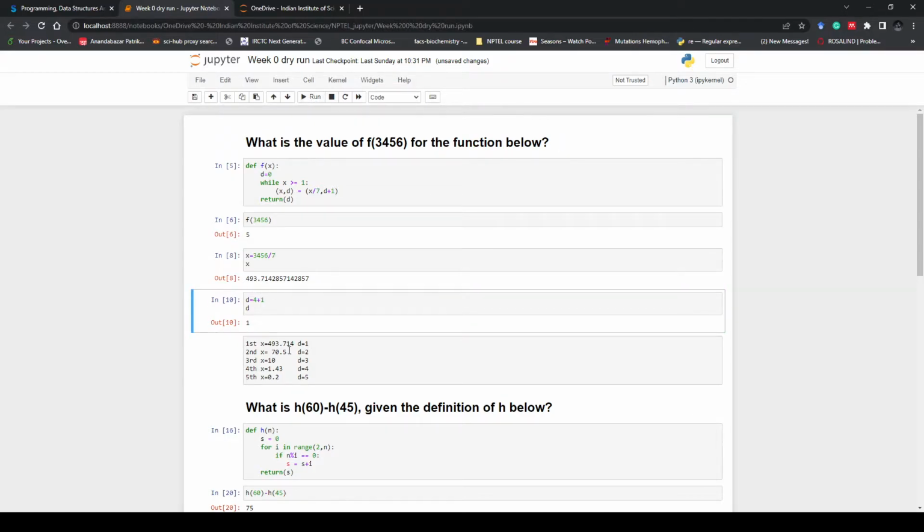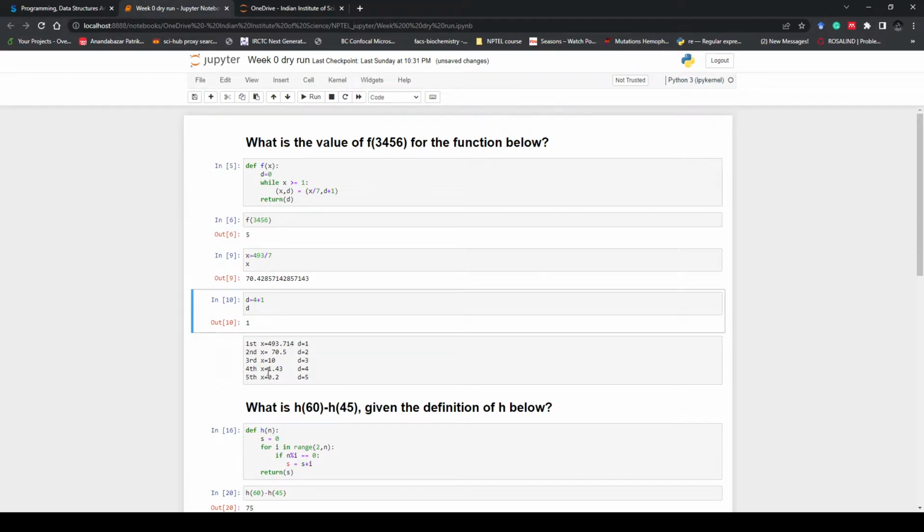If I run it, it will be 493 and d will be d+1, so d is 0+1, which is 1, correct? Then at the second run, 493/7, correct? If I run it now, it will be 70.5, and if I run it again, x will be 10 and d will be 3.